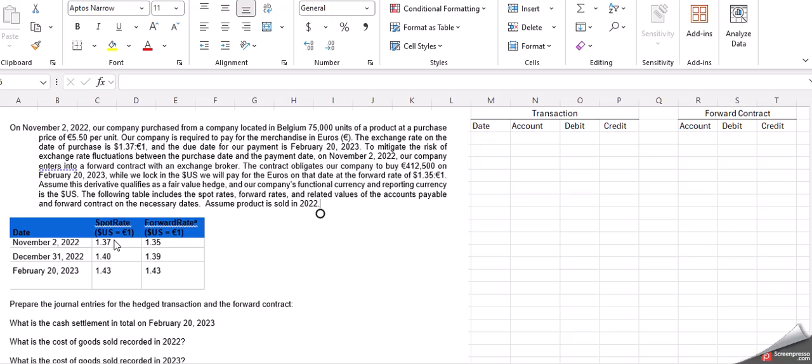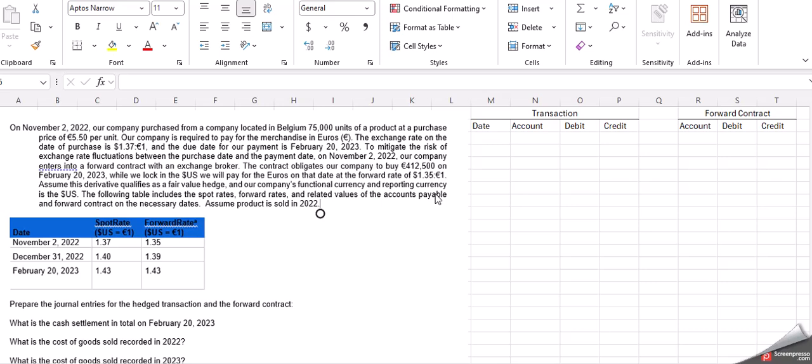The contract obligates the company to buy the 412,500 euros that it's going to need to buy this product, and they lock in that price, which is $1.35 per euro.